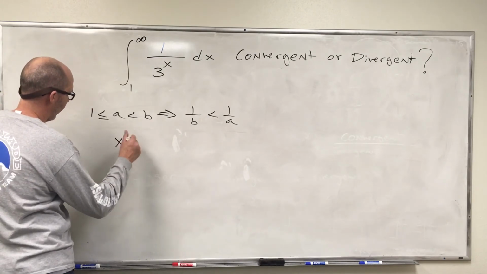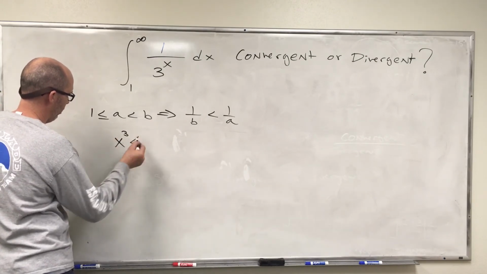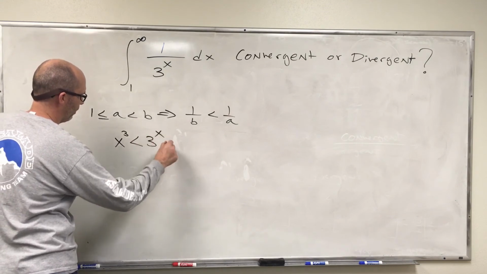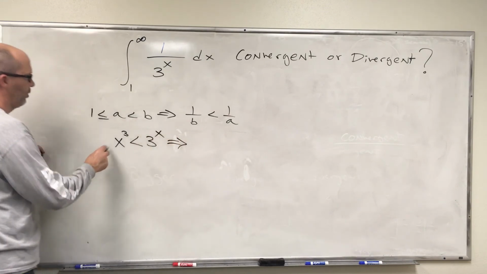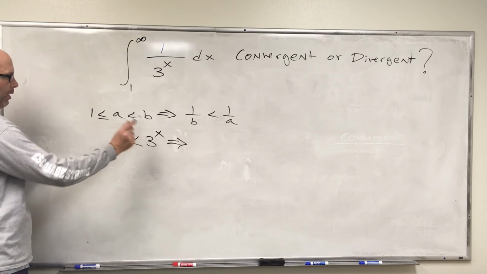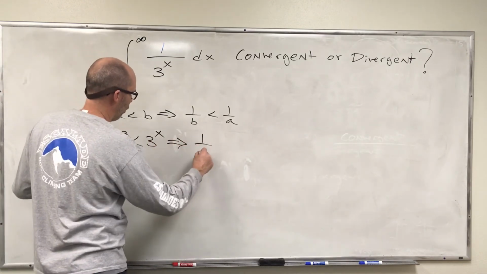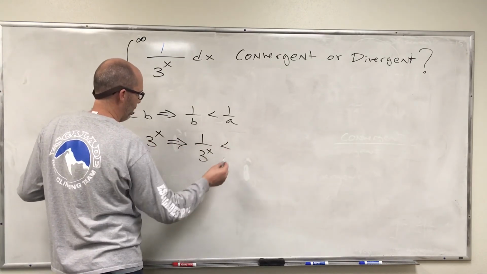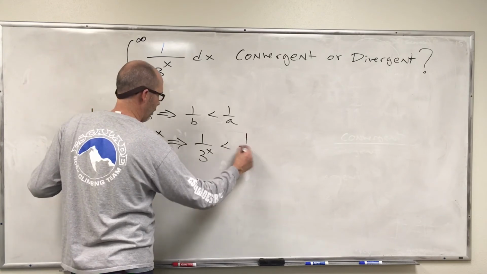So as we know, x cubed grows slower than 3 to the x. So 1 over 3 to the x is less than 1 over x cubed.